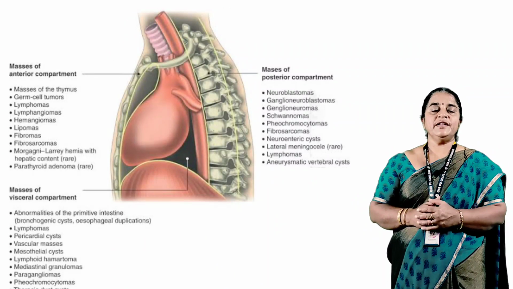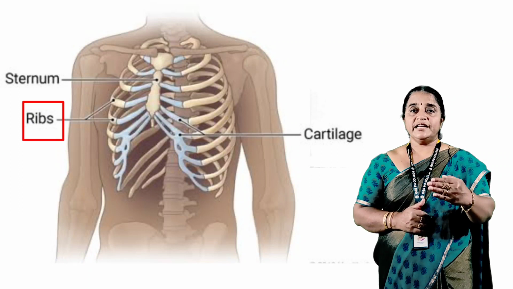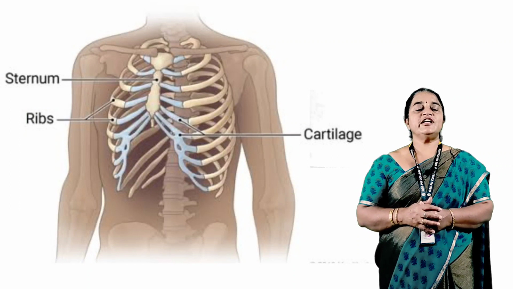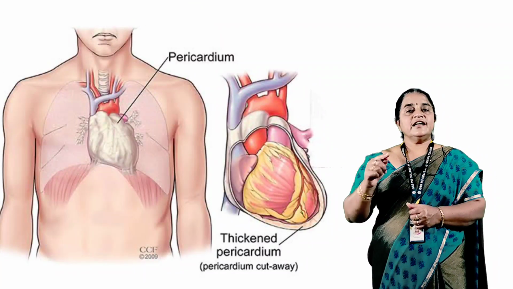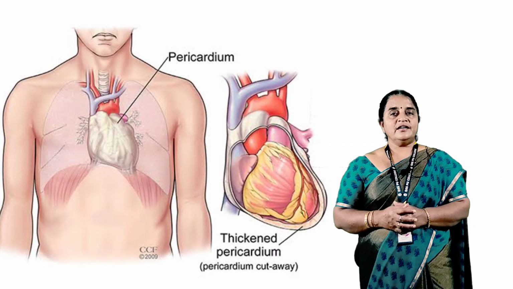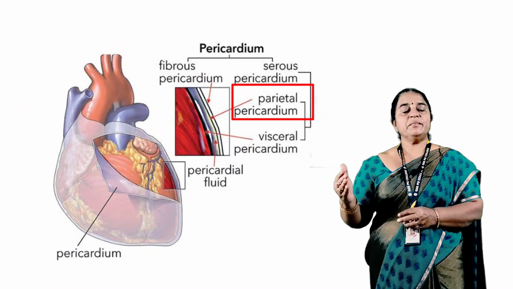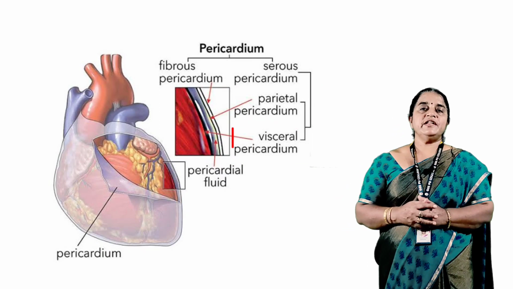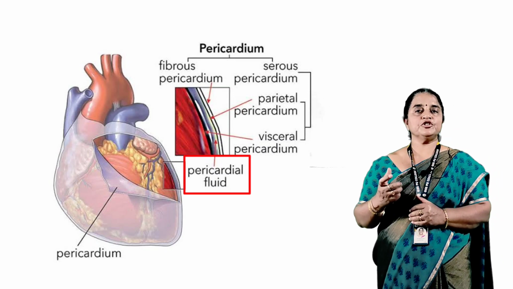It is reddish brown in color, protected by the rib cage, which comprises the sternum and ribs arising from the vertebral column. Around the heart there is a connective tissue capsule known as the pericardium, having an outer parietal layer and an inner visceral layer, and the space between these two membranes is filled with pericardial fluid which acts like a shock absorber.